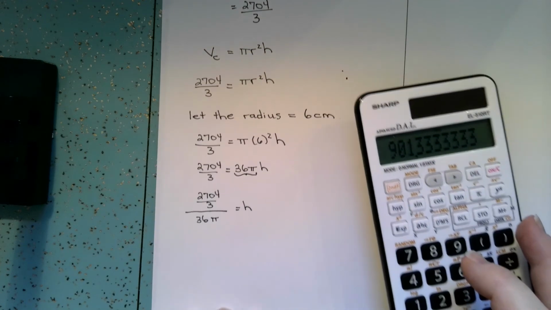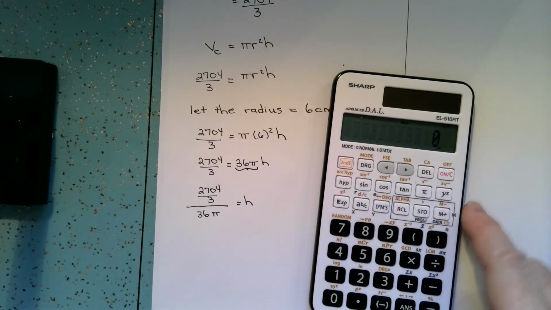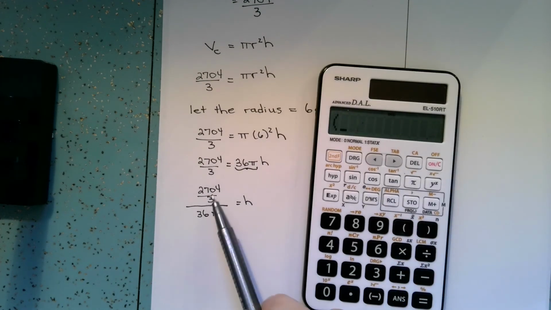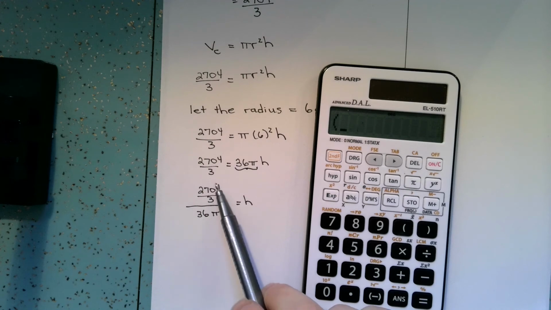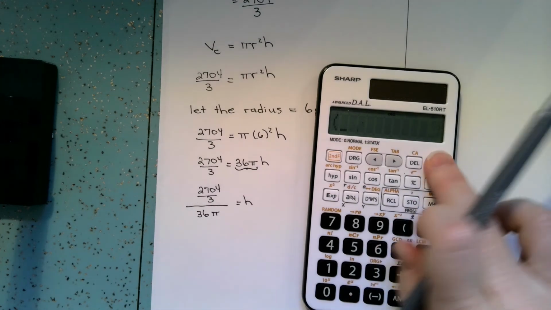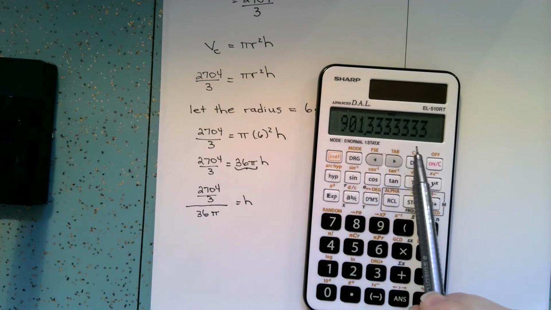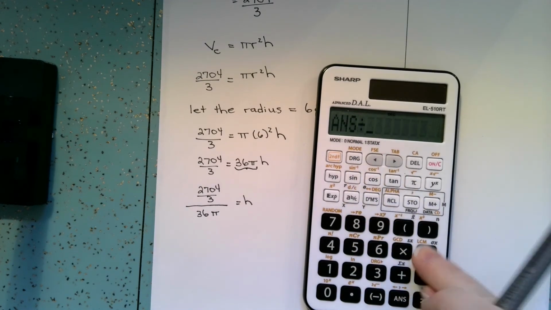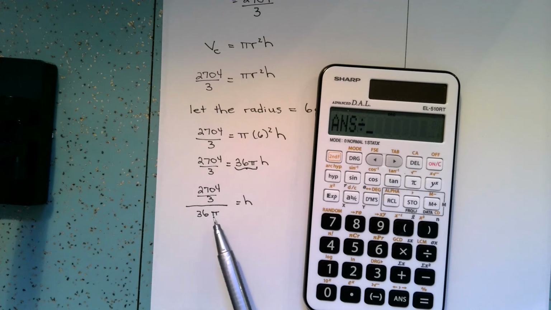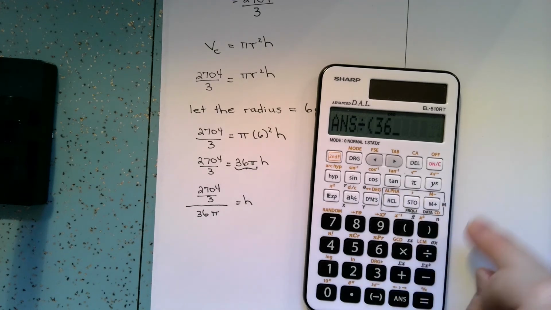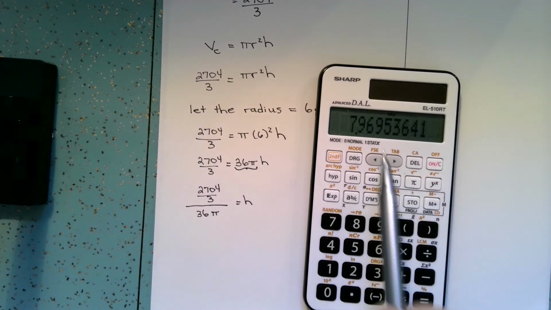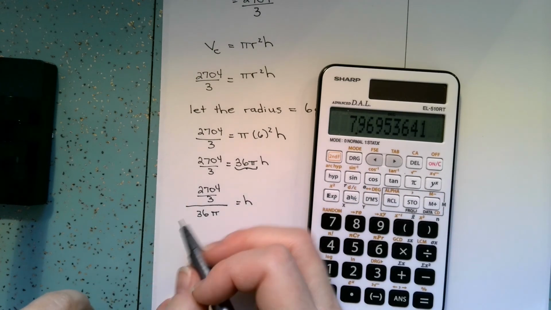So I can plug all of that into my calculator. This is an expression, so I need to do this math first and then divide by that. 2,704 divided by 3, so my numerator is 901 1/3. Then I'm going to divide that by, and remember there's a multiplication going on, so we need to put that in brackets, 36 pi. And I get 7.96, or approximately 8 centimeters.